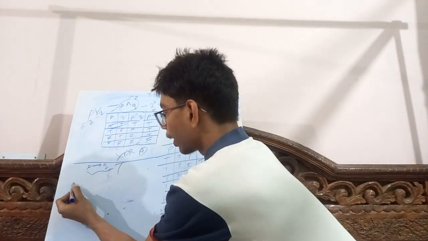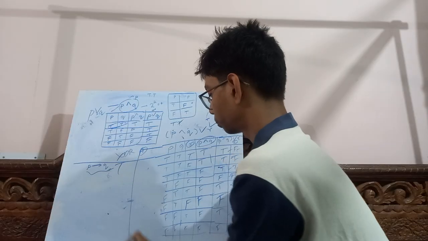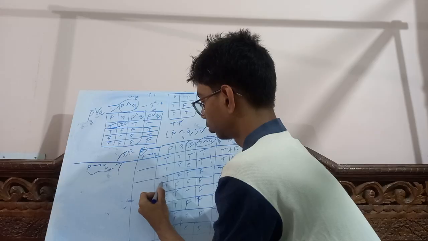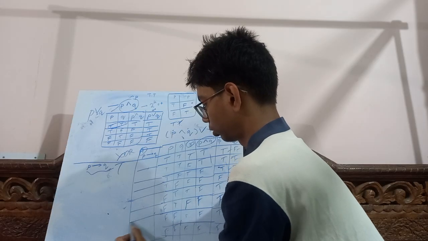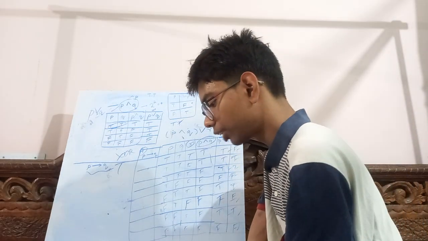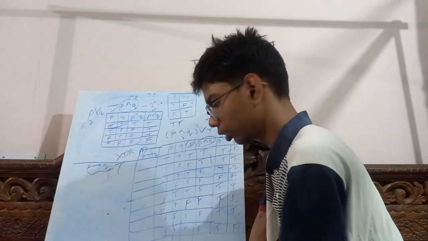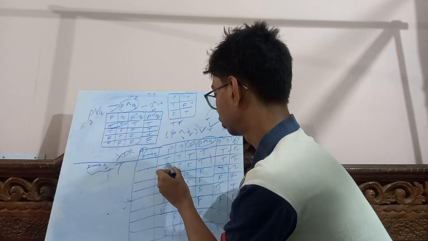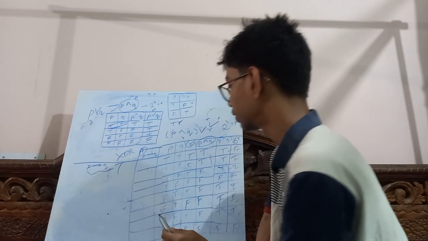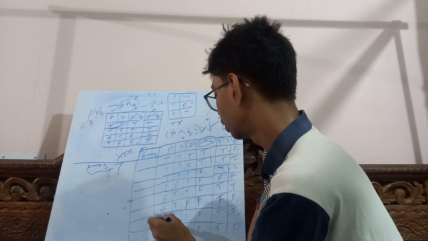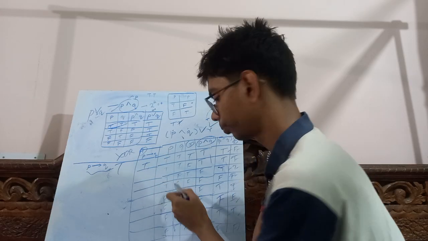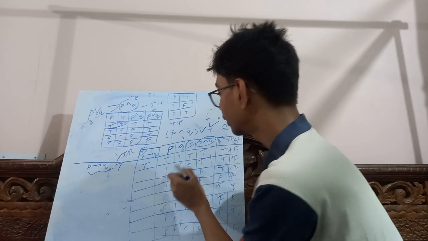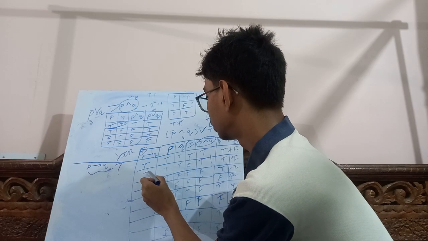Suppose first I write here P arrow Q. For example, if P is true and Q is false, then it will be false, right?